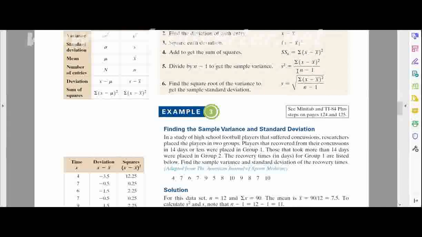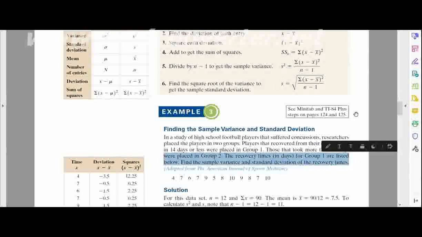The main difference is using n minus 1 in the denominator, so the size of your sample minus 1, and the symbols that you're using are not Greek symbols. Since you are working with a sample, the symbols are different from population. So the variance of your sample is S squared and the standard deviation of your sample is S.